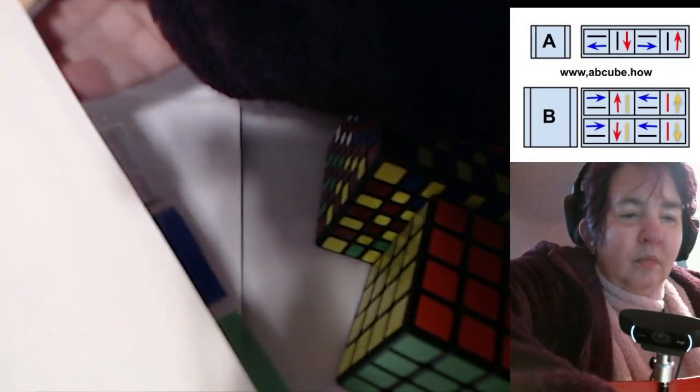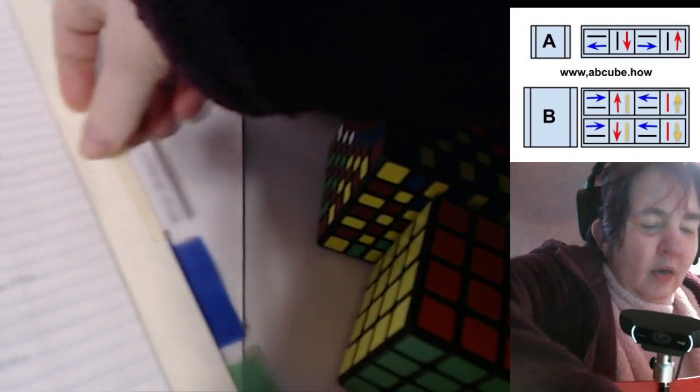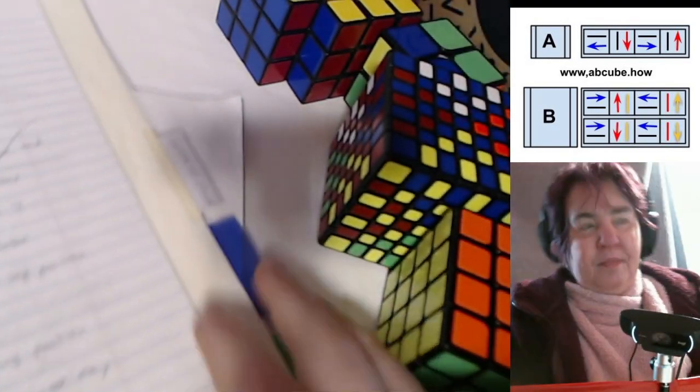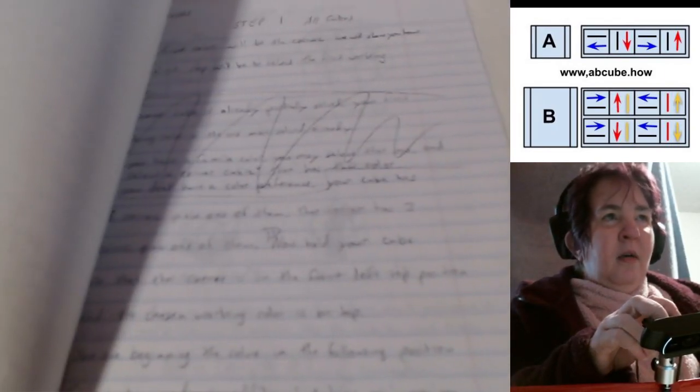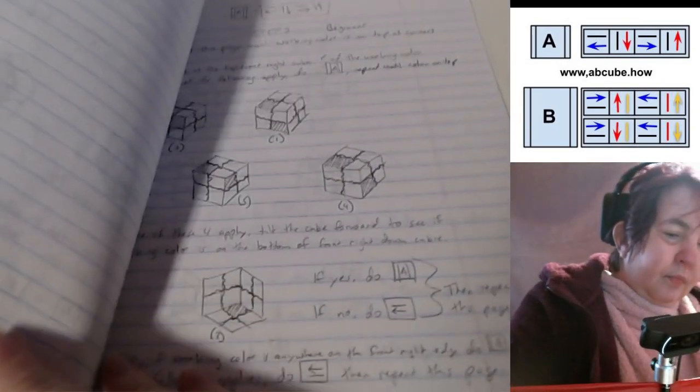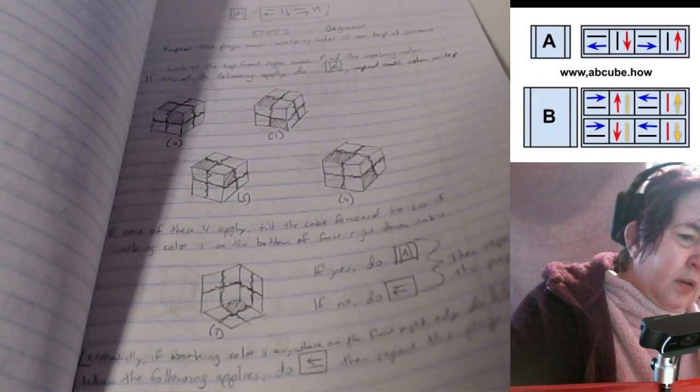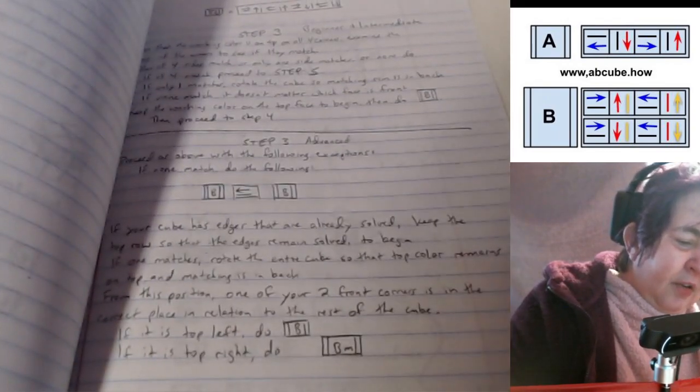This one? What does this one look like? Corners. Step 1, corners. I turned the camera. So I started with just pencil sketches.